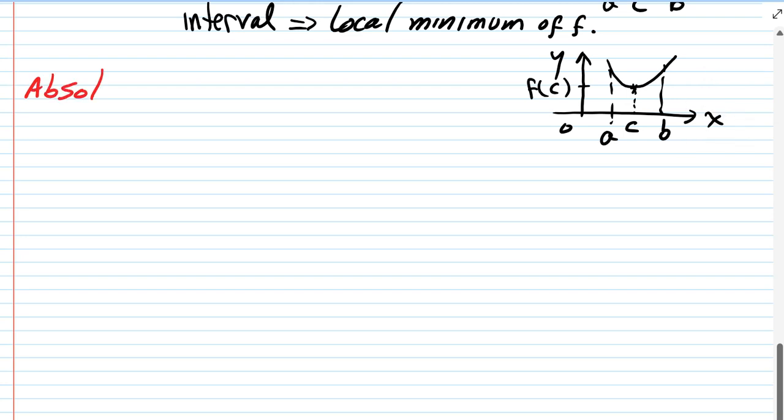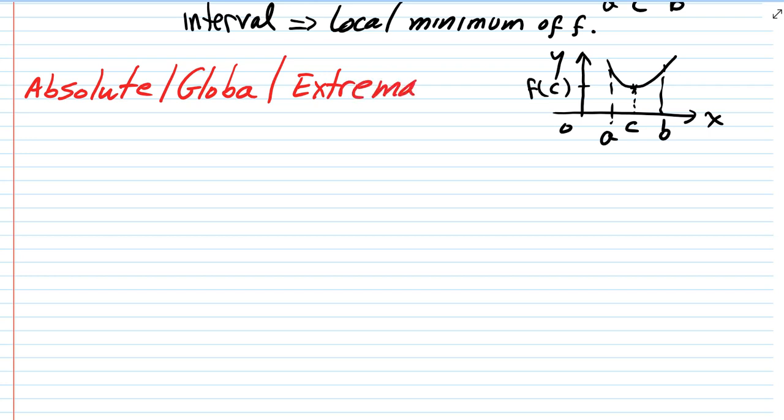Then we have absolute extrema. The difference between local and absolute is that for absolute, also called global extrema, we look at the entire domain of the function, not an open interval inside an interval.